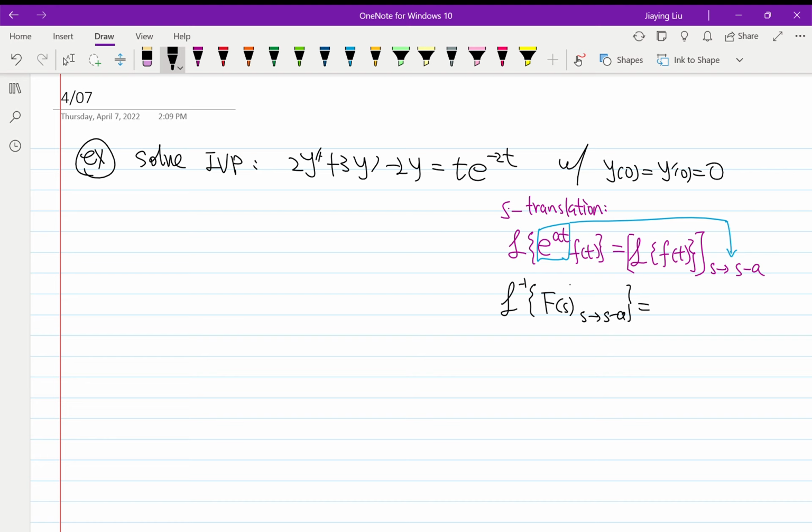By putting this translation here, consider that equivalent to e to the at. So we can just focus on the inverse Laplace transform of F of s. And then at the end, we're going to multiply by e to the at, which corresponds to this translation. So that's what we're going to use at some point in this example.